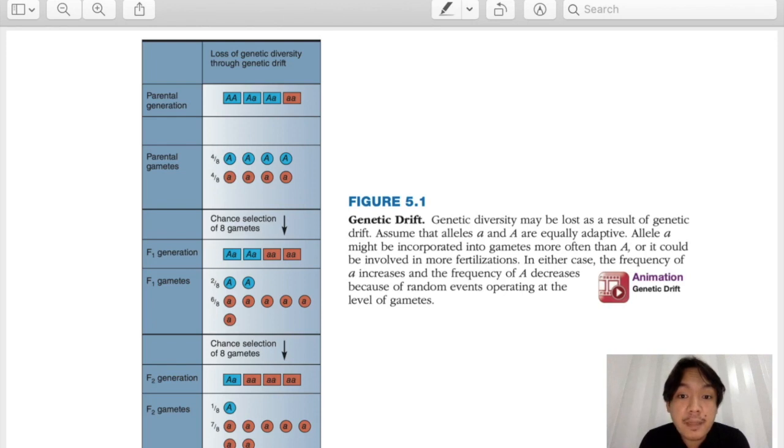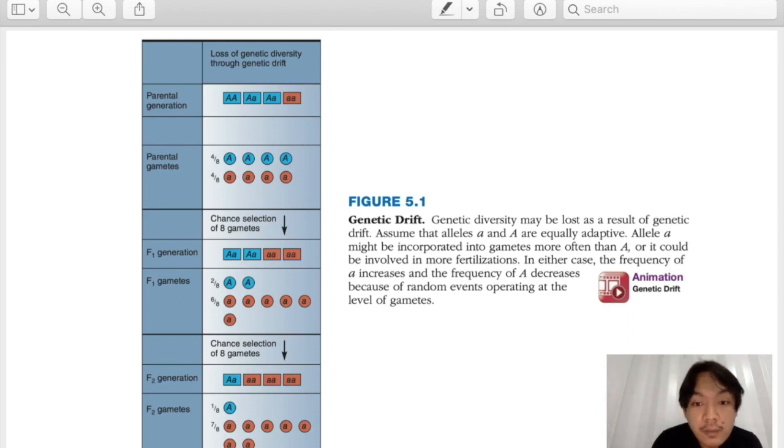And then for the parental gametes, it's equal. The blue one is, let's say, coming from the father, and the red one is coming from the mother. And the chance of selection of 8 gametes is 2 heterozygous and 2 homozygous recessive.